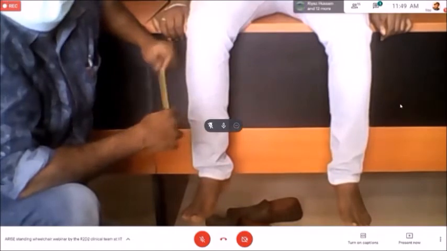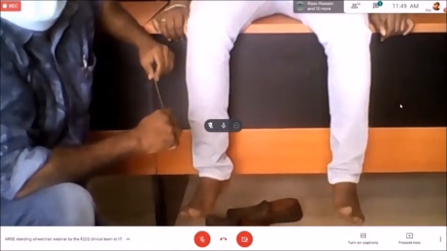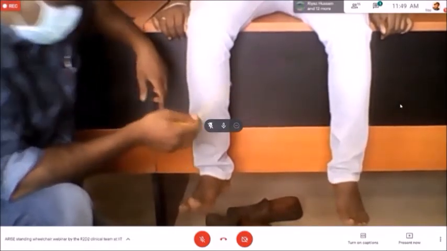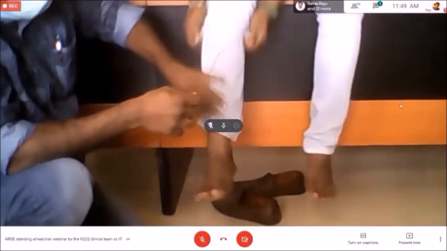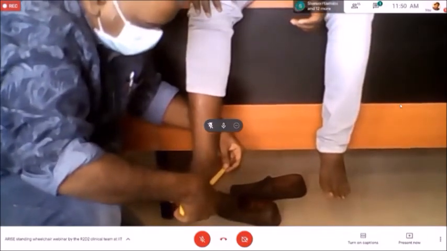And then we are going to check the foot as well, because again, pedal edema is very common. So we are going to check from the heel to the toe. We're going to measure the distance, divide by 2, and identify a midpoint, and then we are going to measure the circumference.